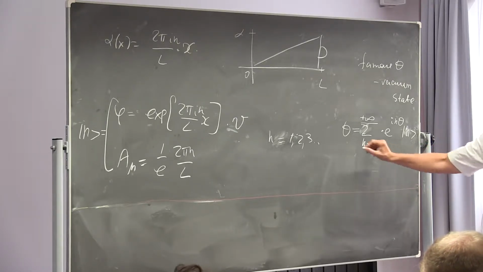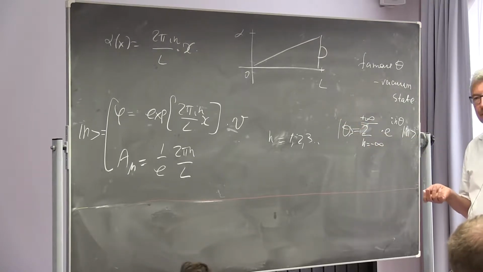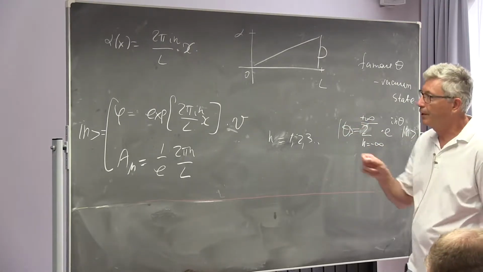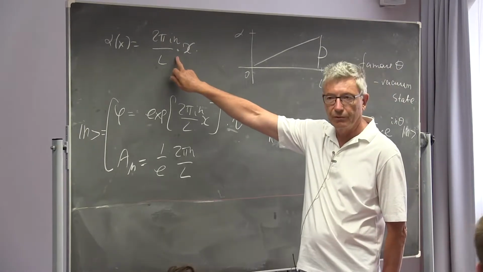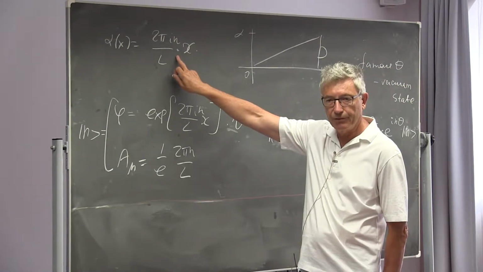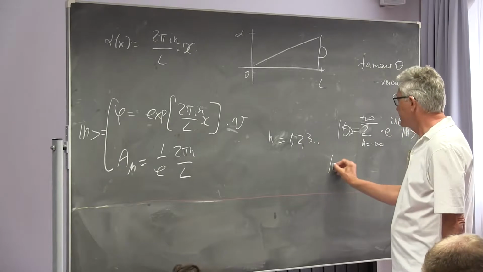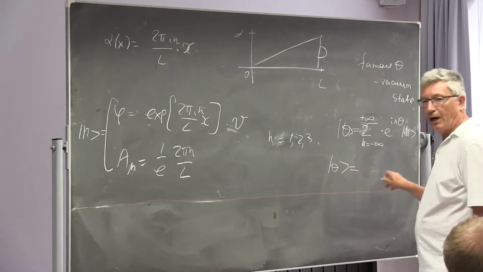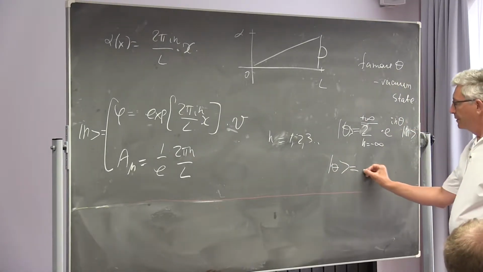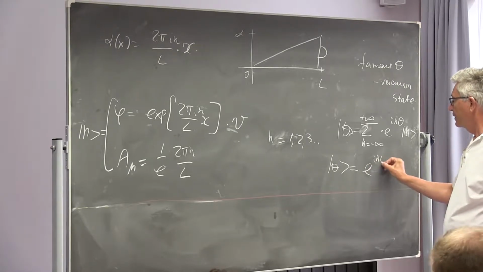If you act on this state by a large gauge transformation, okay, a large gauge transformation is the transformation with this type of gauge function, then this theta state does not come back to itself, but it's multiplied by e^{i n theta}.